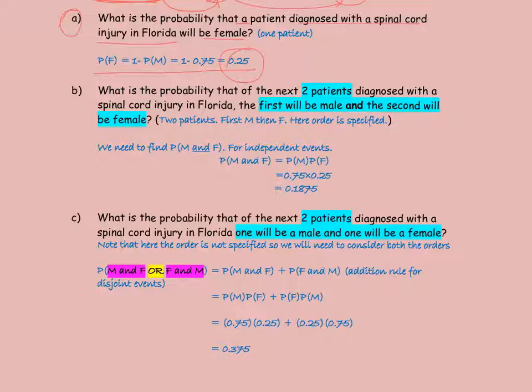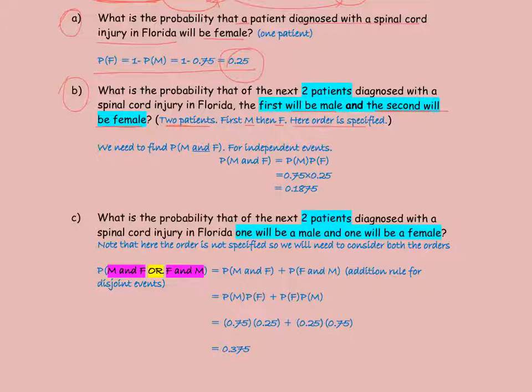Part B says, what is the probability that the next two patients diagnosed with spinal cord injury in Florida, the first will be a male and the second will be female? So there are two patients now, not just one. The first is male and then we have female.